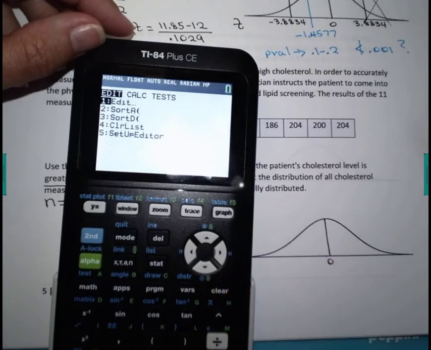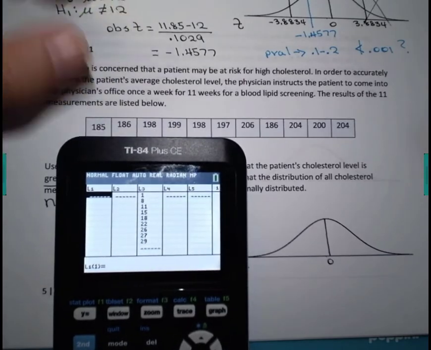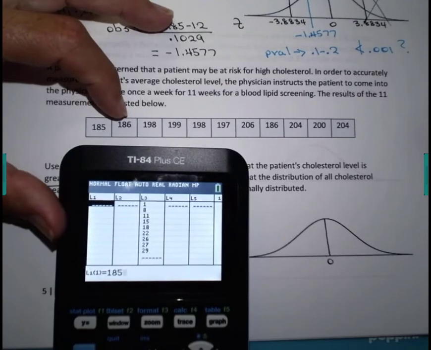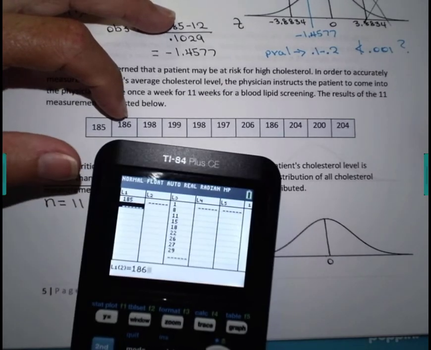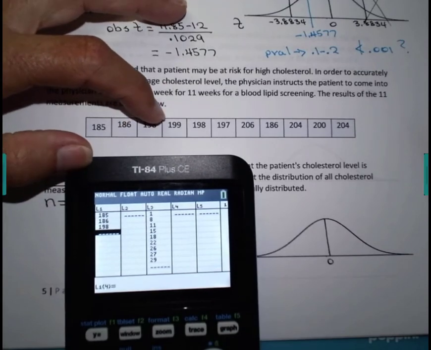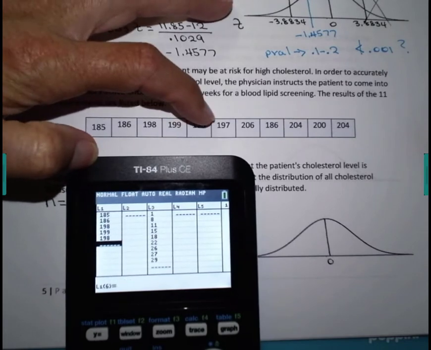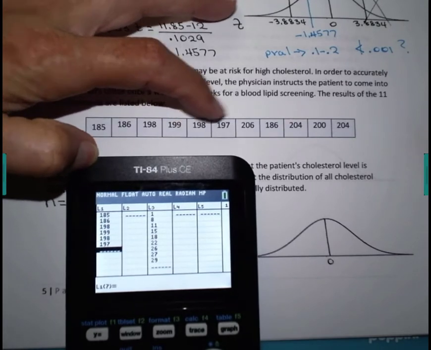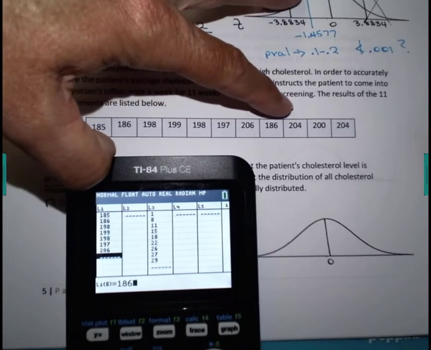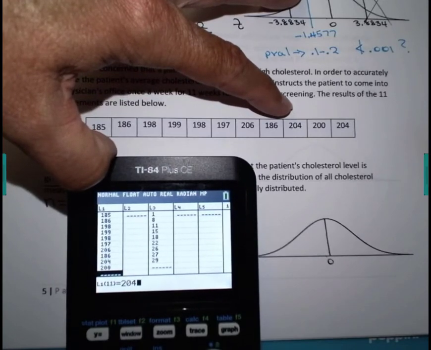So if I say edit, I can enter the actual data values into a list. List one's empty, so I'll go 185 is the first one. And then I've got 186, 198, 199, 198, 197, 206, 186, 204, 200, 204.